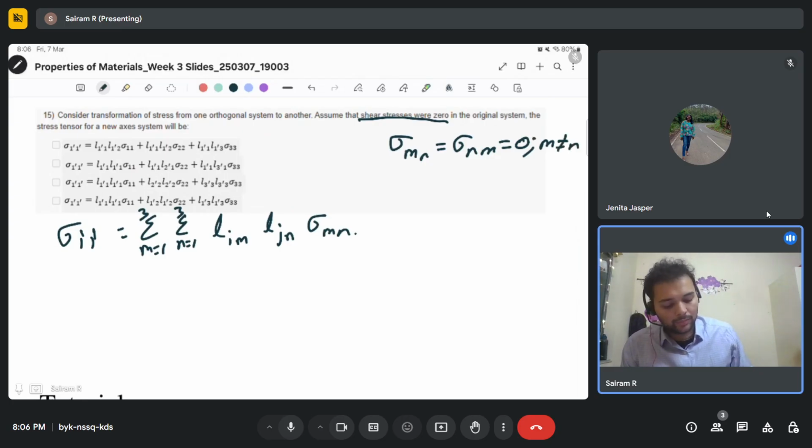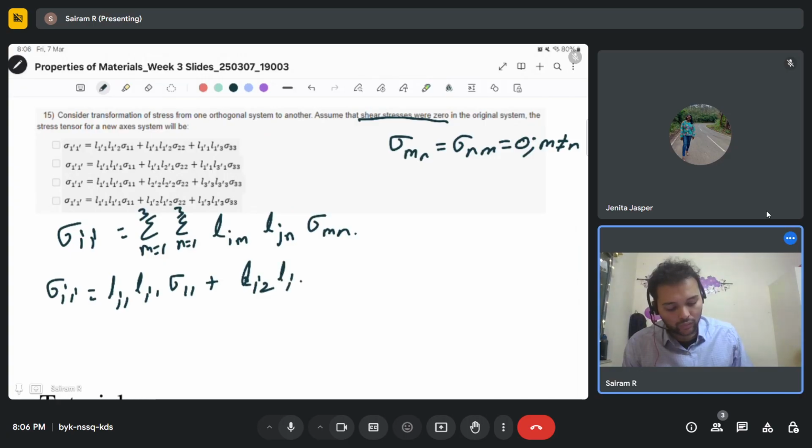Only if m and n values are the same does this equation hold true. So sigma 1 prime becomes L1' 1 L1' 1 sigma 1 1 plus L1' 2 L1' 2 sigma 2 2 plus L1' 3 L1' 3 sigma 3 3.